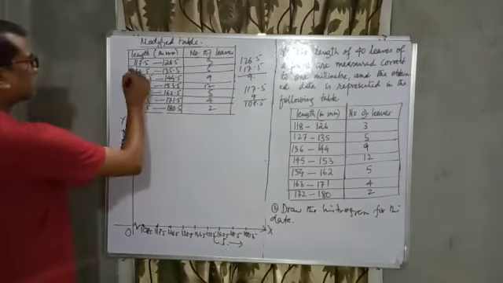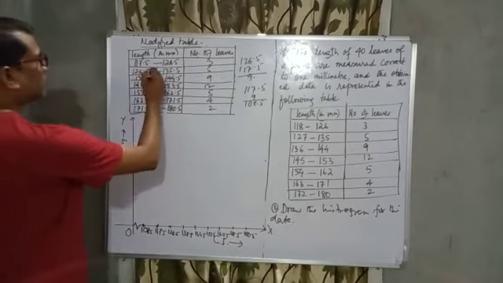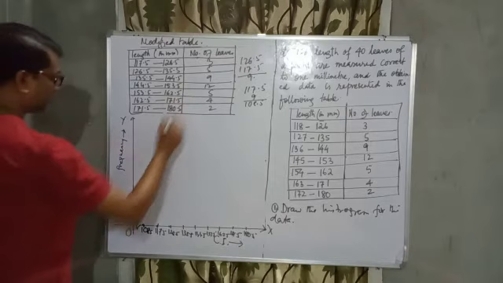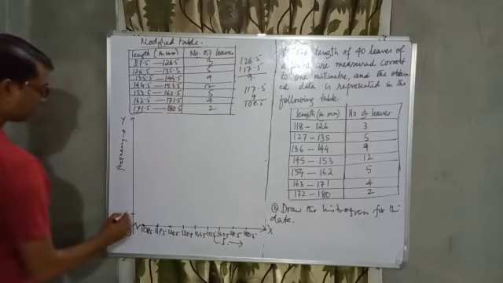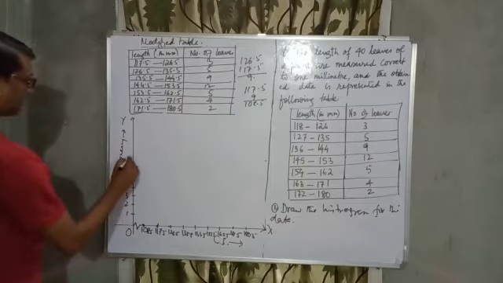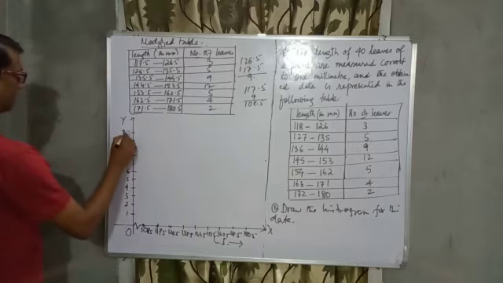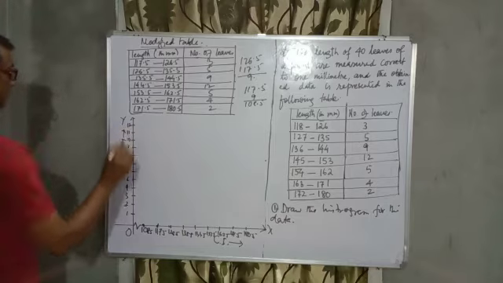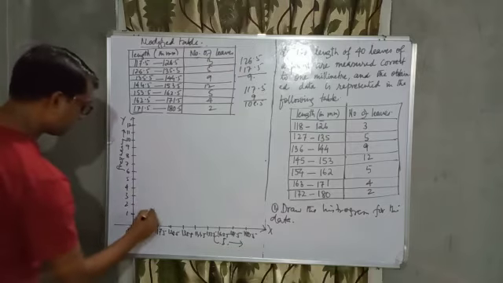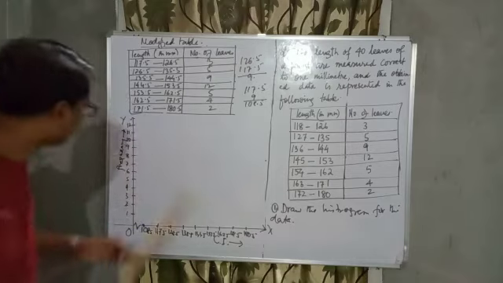Now the first interval is 117.5 to 126.5. We can take the highest as 12. So according to our frequency we will mark 1, 2, 3, up to 12. The first frequency is 3, so we draw up to 3.